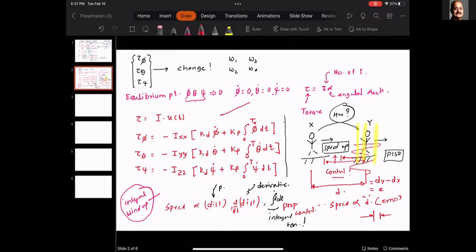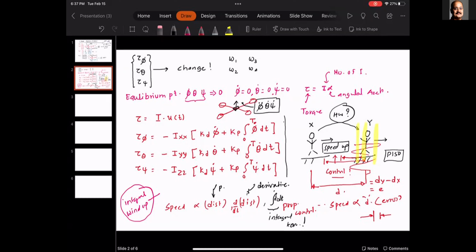So let's look at the quad. We are going to assume that this quad has just one single 3-axis gyroscope. So with this gyroscope, I can only know theta dot, phi dot, and psi dot. There is just one 3-axis gyroscope. The gyroscope is giving me angular velocity, which is the derivative of angle.